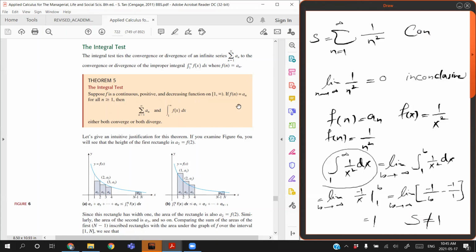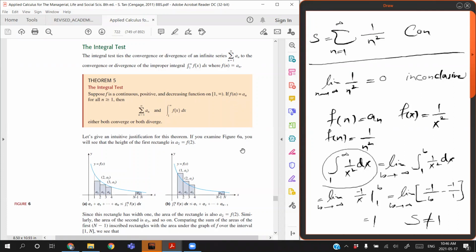When we looked at the telescoping series, we were able to evaluate S. When we looked at the geometric series, we were able to calculate the value of the series. But with this test, you can just tell whether it's convergent or divergent. You cannot evaluate it. So that's the only thing you can tell. You can say that since the improper integral is convergent, then so is the series.